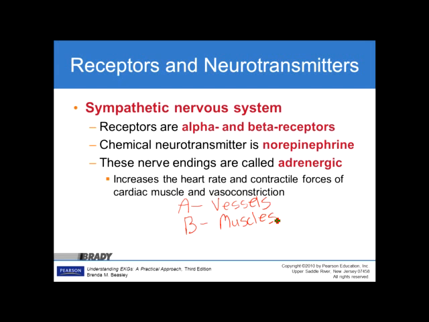A beta-1 works on the muscle tissue and makes the heart beat harder, faster, and stronger. A beta-2 dilates smooth muscle. Example of this is going to be the drug albuterol. It is a beta-2 agonist, which means that it stimulates the beta-2 receptors. This would allow for smooth muscle dilation.